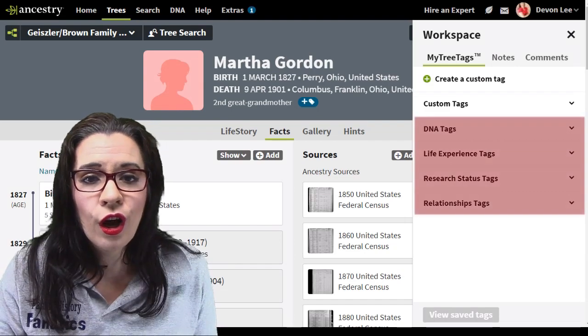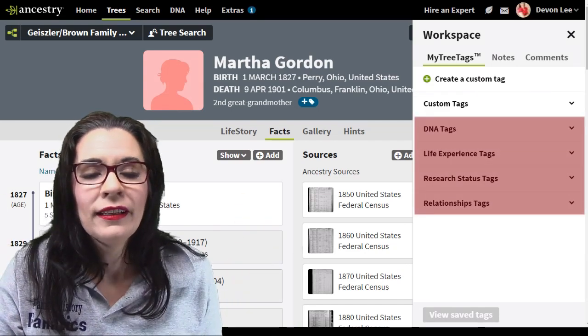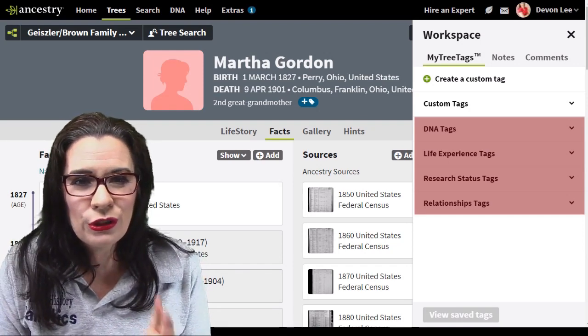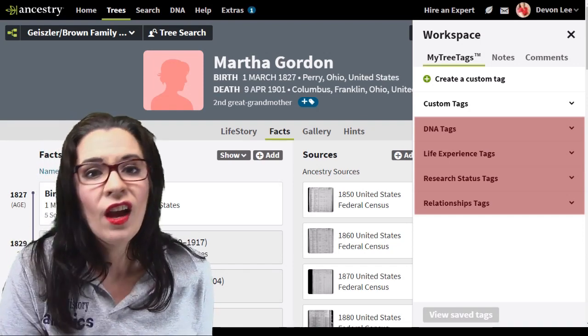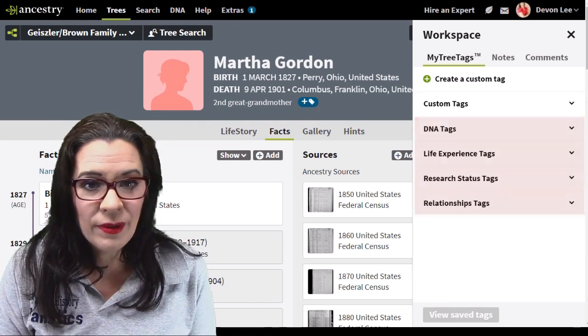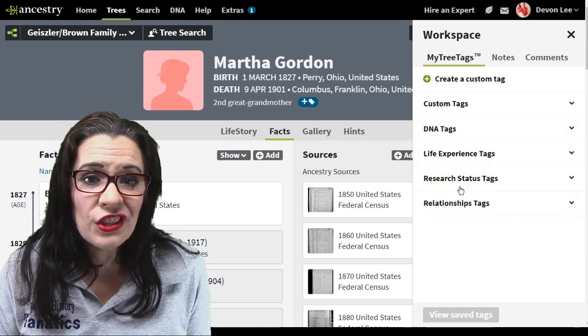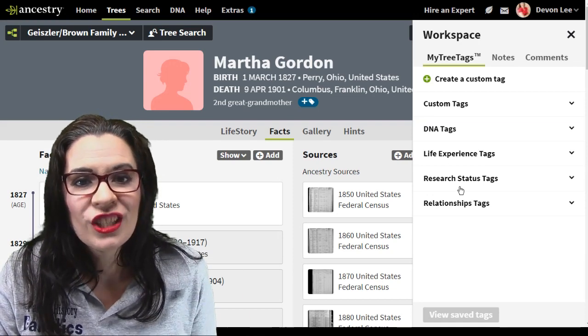And we have what are called universal tags. I put it in air quotes because they should be universal, but you'll soon realize why some of them are universal and some of them not so much. Let's start with the tags that are the easiest to understand. Research tags.